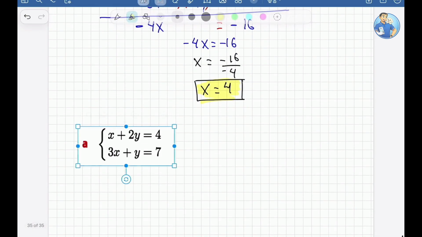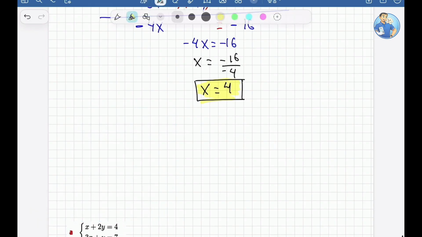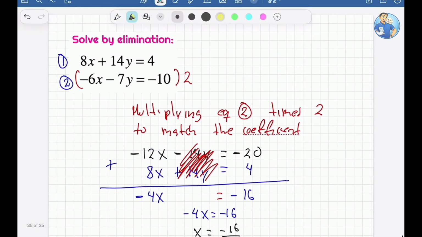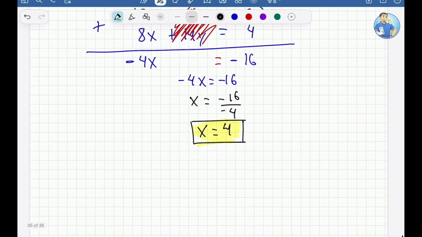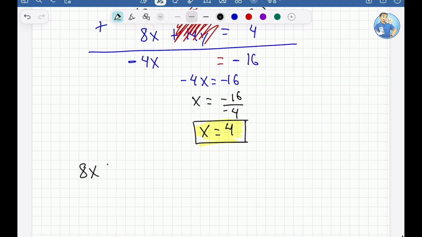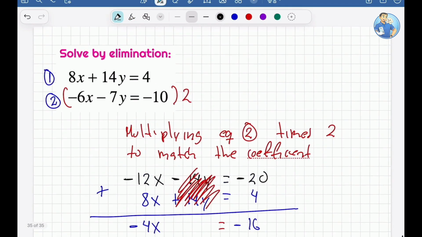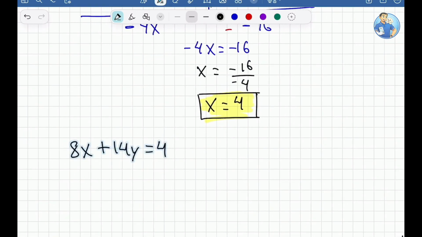Let's see. We can use, for example, the equation 1. The equation 1 is 8x plus 14y equals 4. We already have x, so we need to use x equals 4.